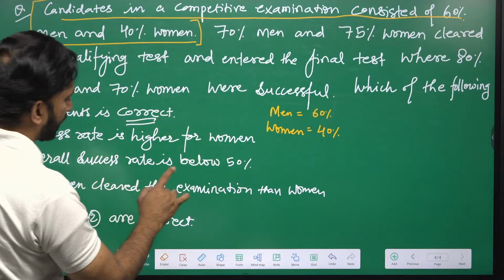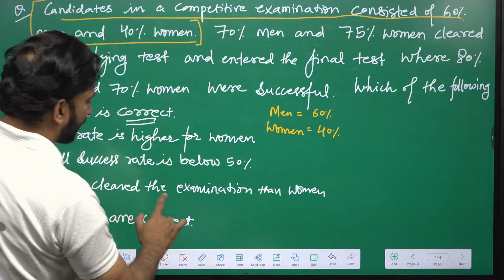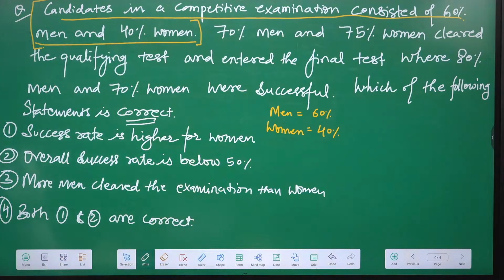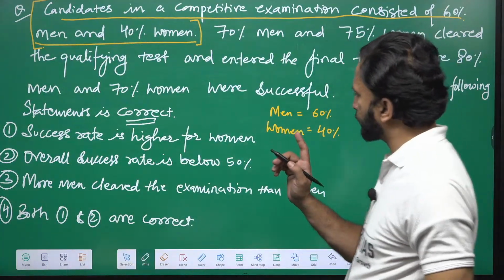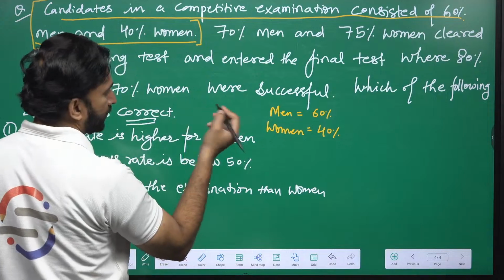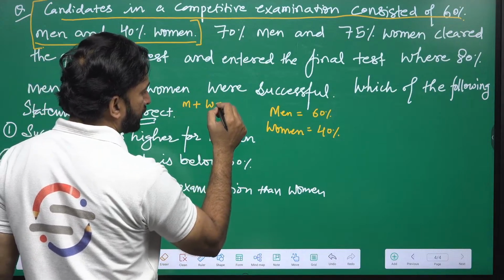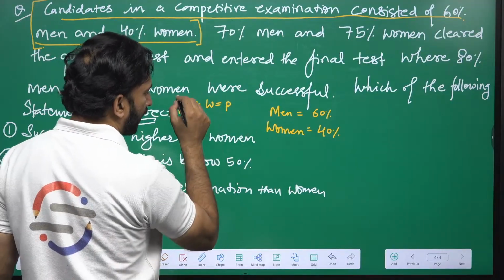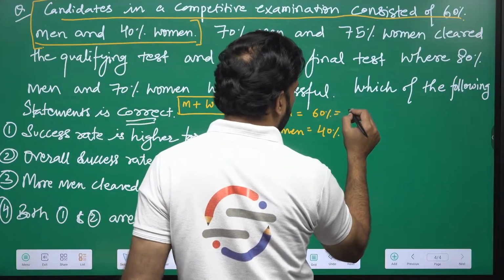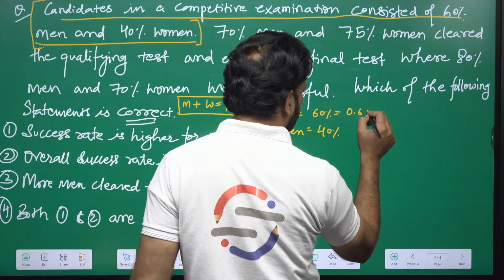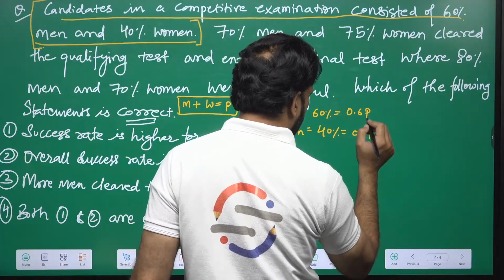Overall success rate is this. Here it is average. More men cleared the examination than women. So let's assume that men plus women, the total number, is equal to P. So men is equal to 0.6P and women is equal to 0.4P, right?